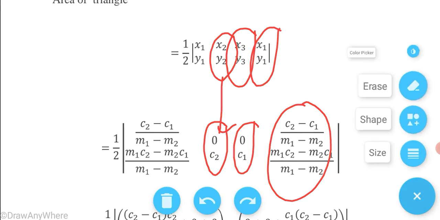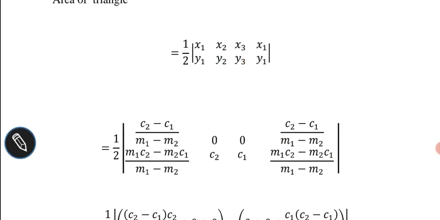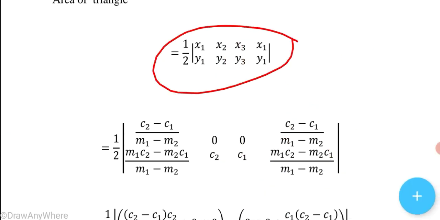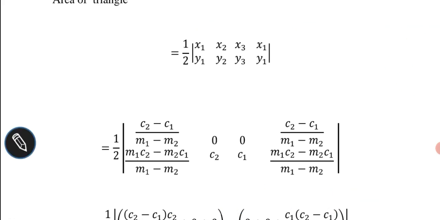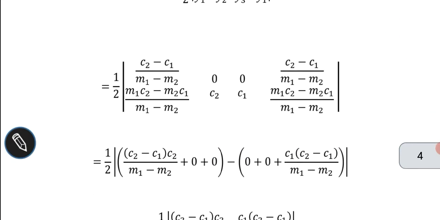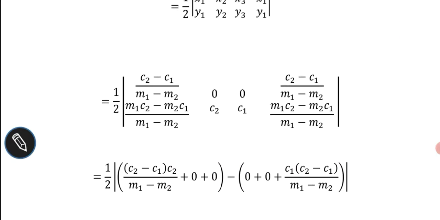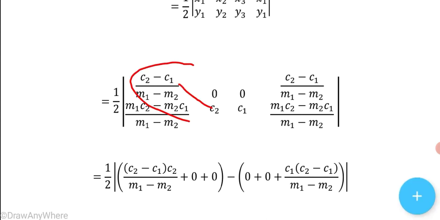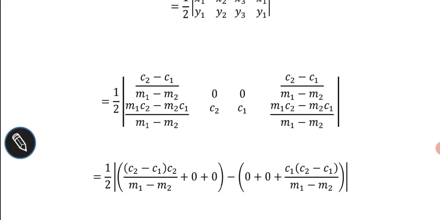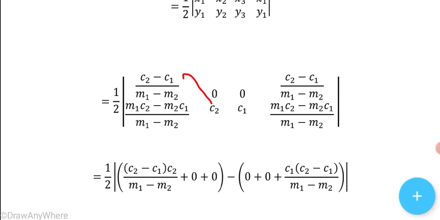Just substituting the values in this formula, we can calculate the area of the triangle. Now half into, and multiply these two terms. Multiplying these two terms we get c2 minus c1 into c2, the whole divided by m1 minus m2.